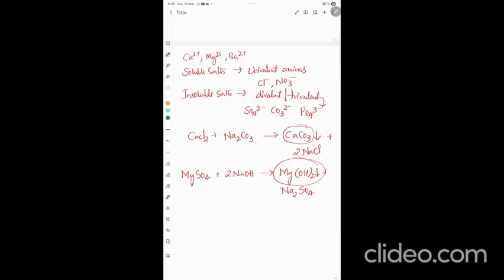And the third category under the metals and their salts is the heavy metals. Heavy metals are nothing but zinc, mercury, and then lead. Like that we have various heavy metals.